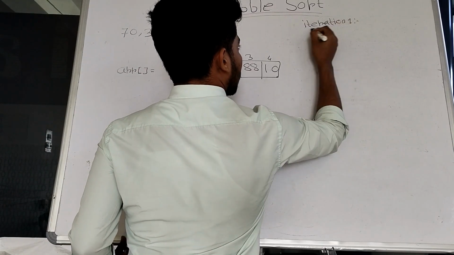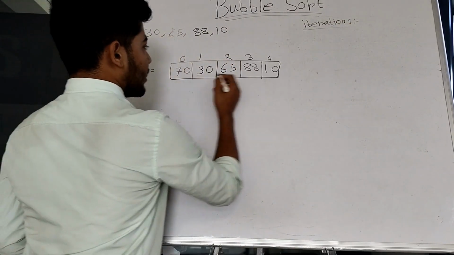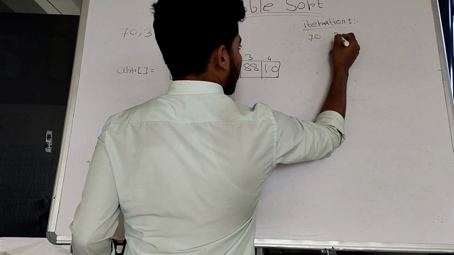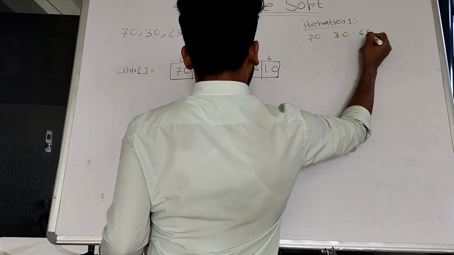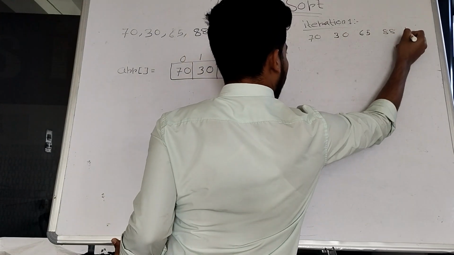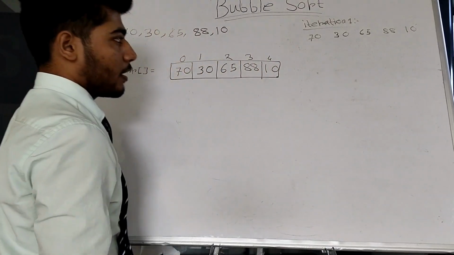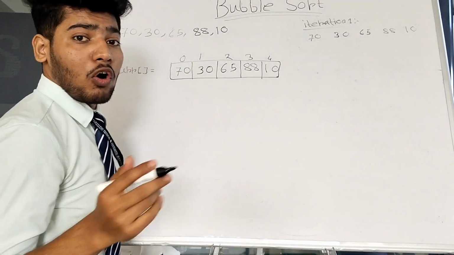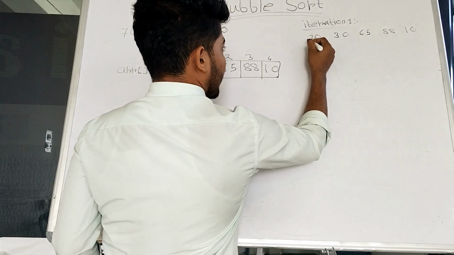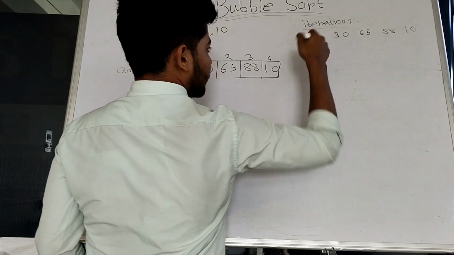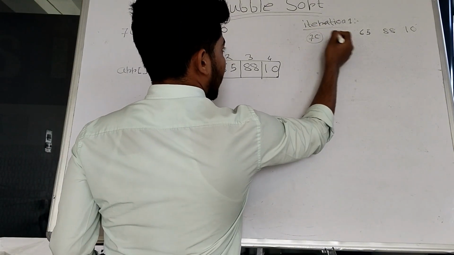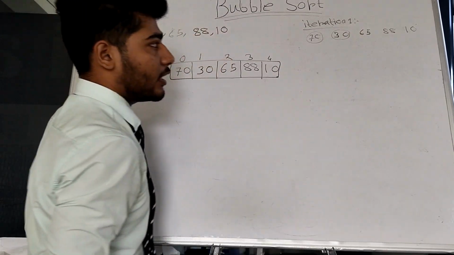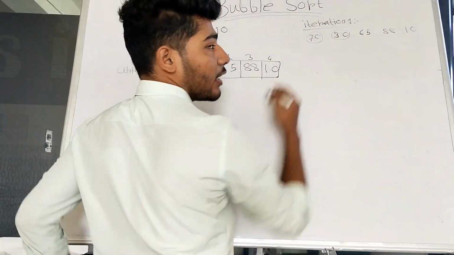Iteration 1. The list is 70, 30, 65, 88 and 10. So we will compare ARR 0 with ARR 1. This is ARR 0. ARR 0 with ARR 1. 70 greater than 30 is true. So it will interchange.